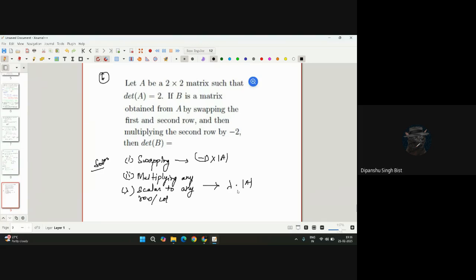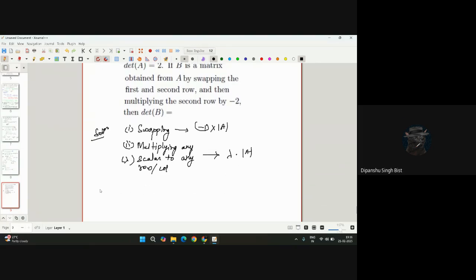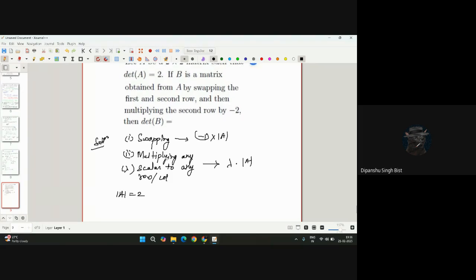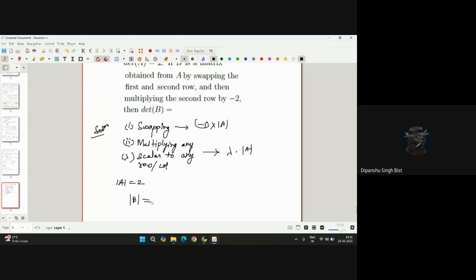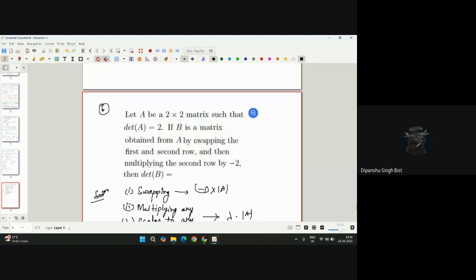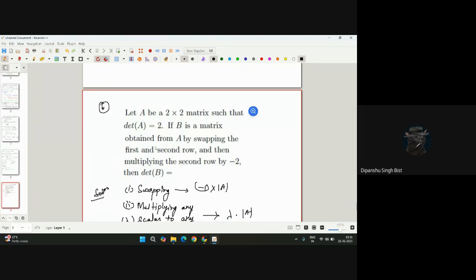So now you see what are the 2 operations that we are doing over here. First, we are saying that determinant of A is equal to 2. How is B obtained? You interchange the rows of A. If you want B, you swap first and second row.